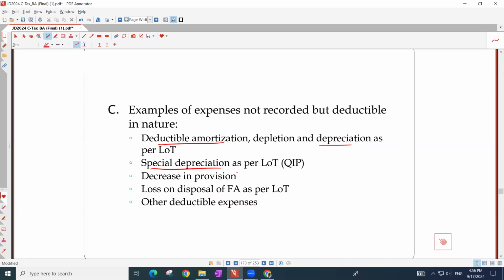And loss on disposal of asset per law on taxation. If under the law you dispose of that asset, then we can calculate based on the law on taxation. If it incurs a loss, we can claim deduction here. And other deductible expenses.